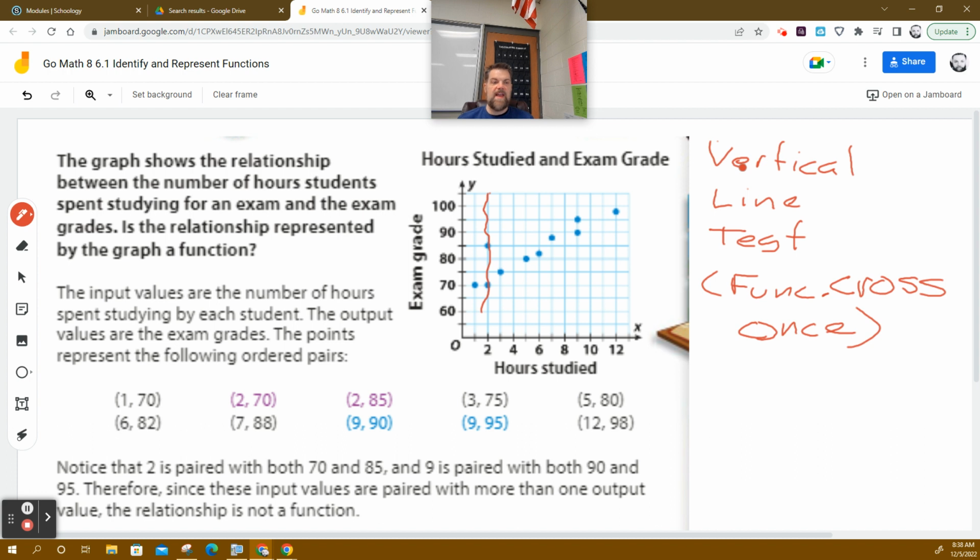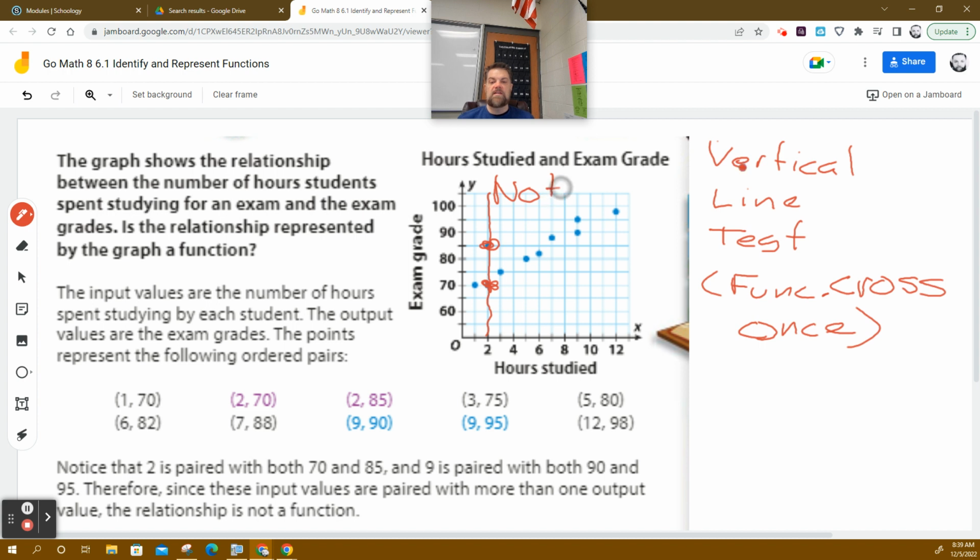I changed tablets and it won't draw a straight line down. It gets all wiggly. But anyways, it crosses more than once here. So I know right now this is not a function.